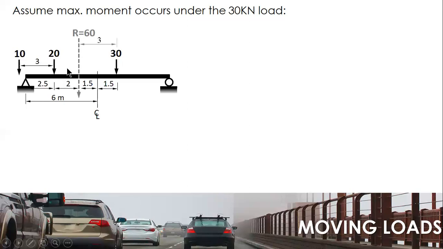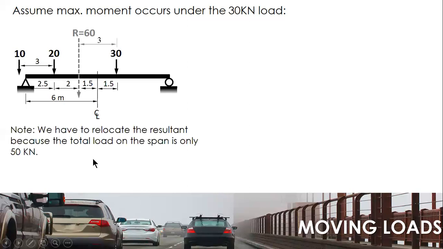So what we will do is relocate the resultant, considering two forces only, 20 and 30. We will exclude 10. We have to relocate the resultant because the total load on the span is only 50 kilonewtons.